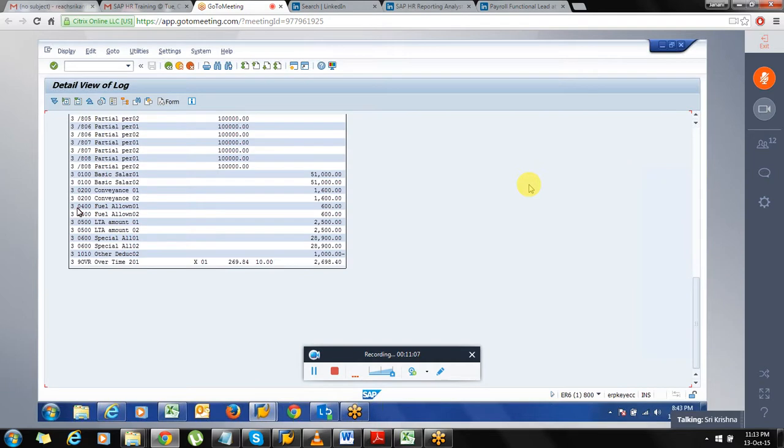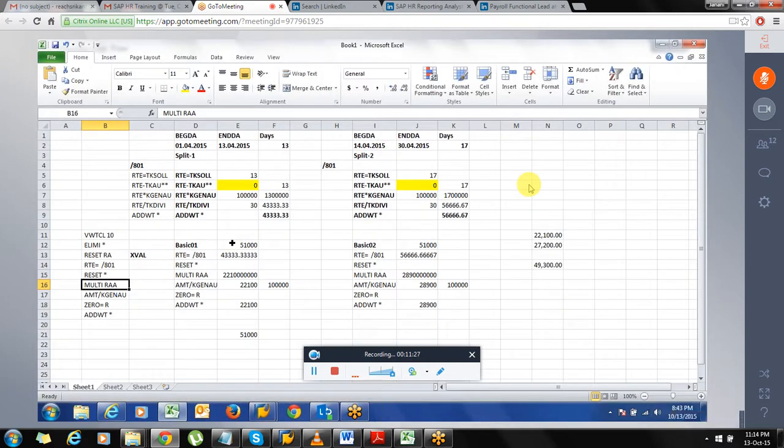It holds a number and it holds an amount, right? So while going to the PCR, already we have this as amount, 51,000 in the amount field. A wage step will store amount, number, and rate at any point of time. So already we have amount, and we are getting a rate from /801. So there is an amount and rate.